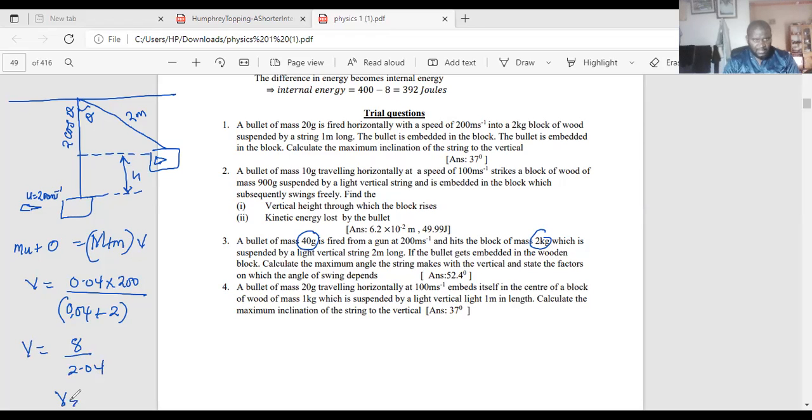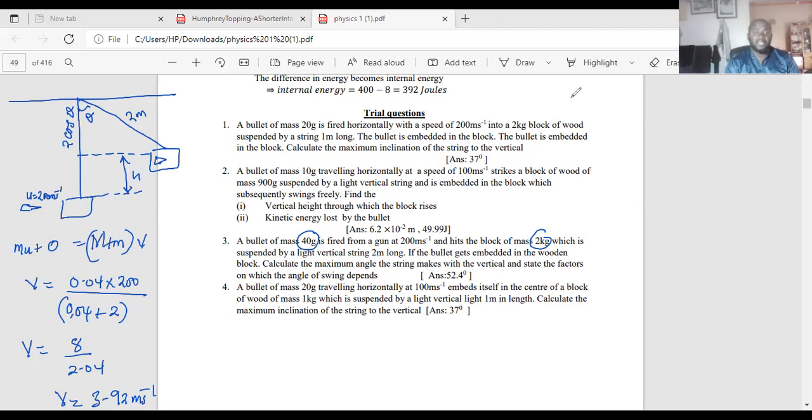What is the velocity after they have collided? 3.92. 3.92 meters per second. So that is the velocity immediately after they have collided.